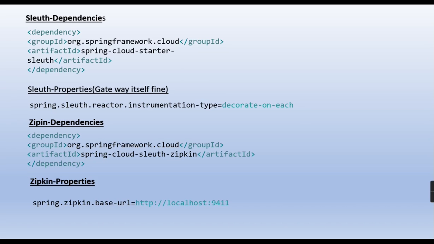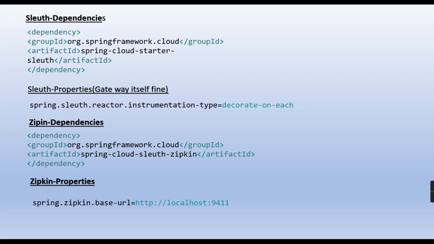And Zipkin properties, we need to add in the entire services: the gateway, the Eureka server, and other services. That will be coming in the form of Zipkin properties: spring.zipkin.base-url equal to http://localhost:9411.